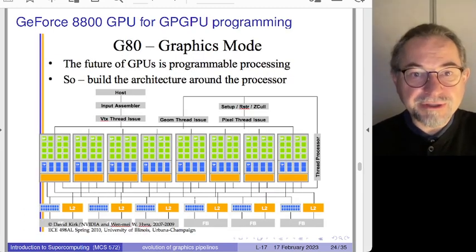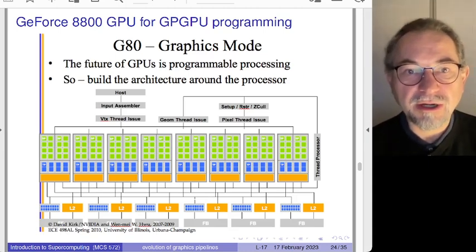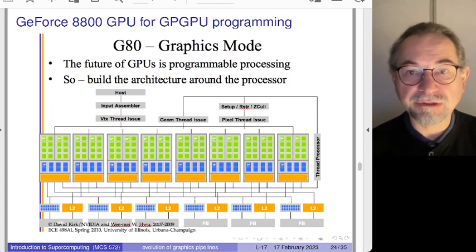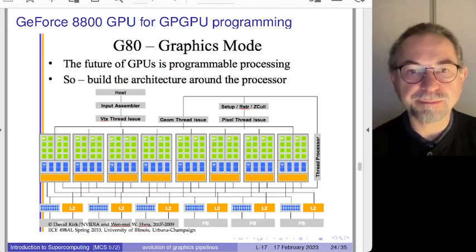Here's some pictures. So this historical GPU was able to run in two modes. So it could run just as a graphics processor, to do the vertex manipulations and the fragment manipulations.